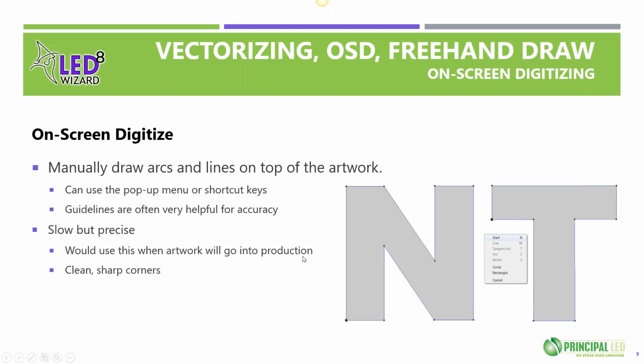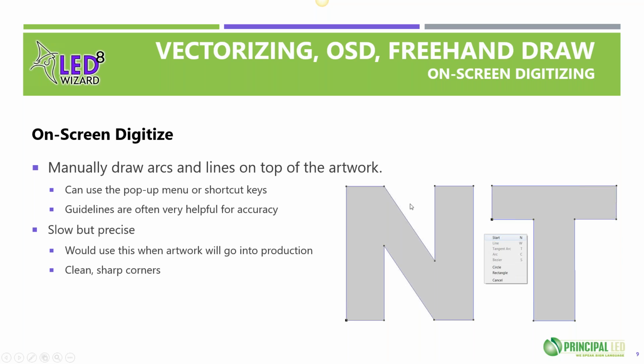On-screen digitizing, the second option, is again manually drawing arcs and lines on top of the artwork. Here's an example where I've got these letters, and you can see that we have this menu. We call it a pop-up menu. When you're in on-screen digitize mode, this is the menu that you use.